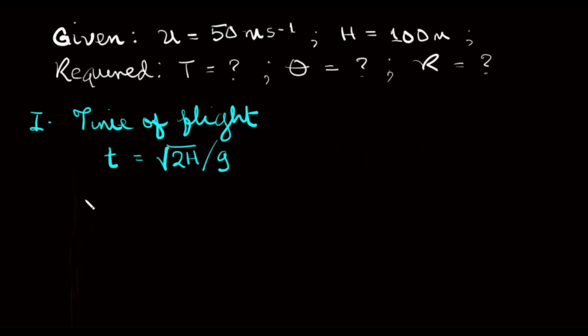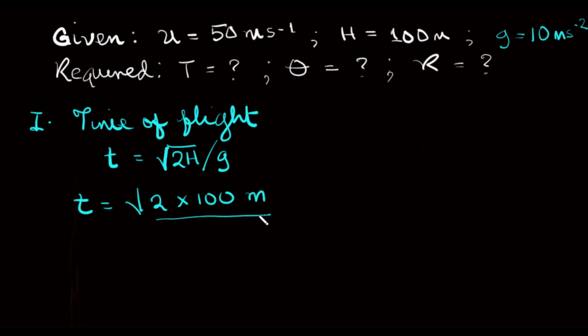So you substitute the value of h and g. Our g here is 10 meters per second squared, but it's a constant. Substitute the values of our h and g into this. That will be square root of 2 times 100 meters all over 10 meters per second squared.